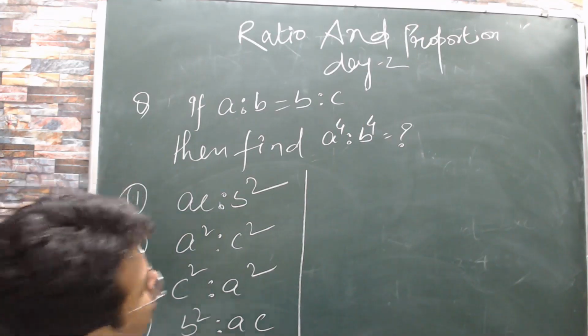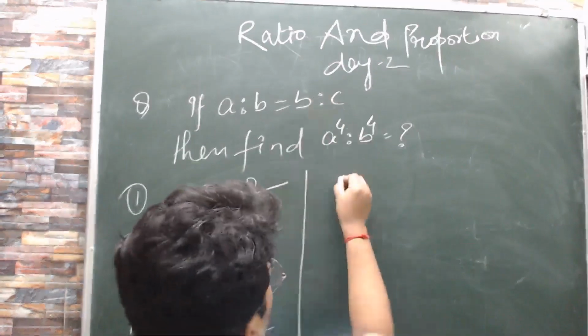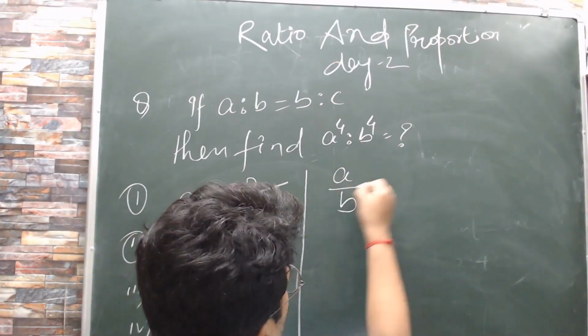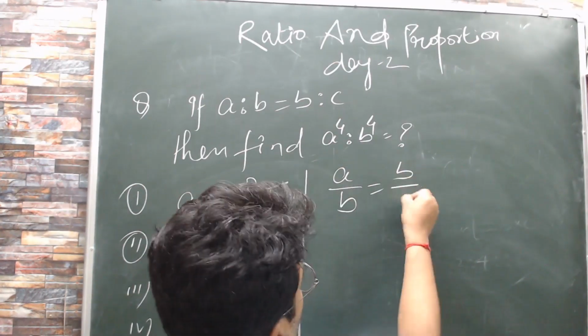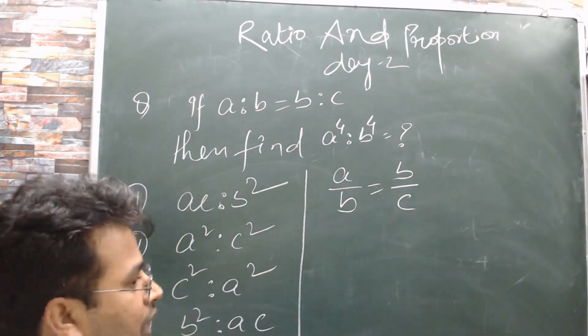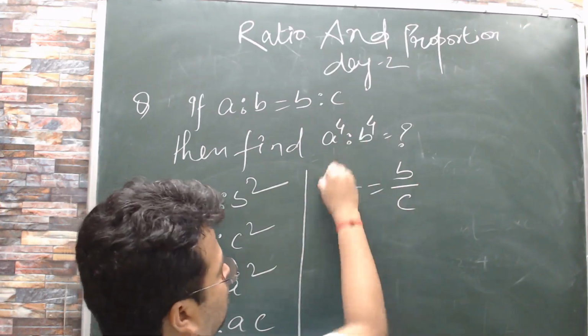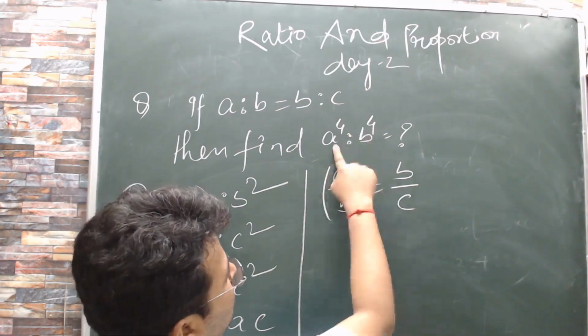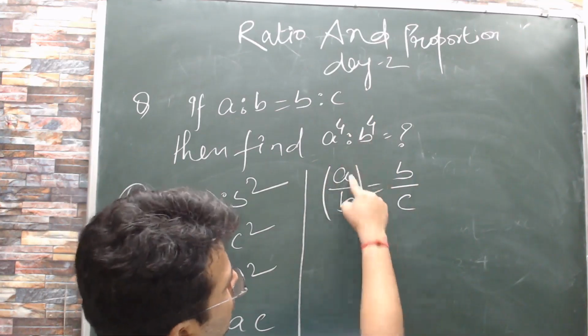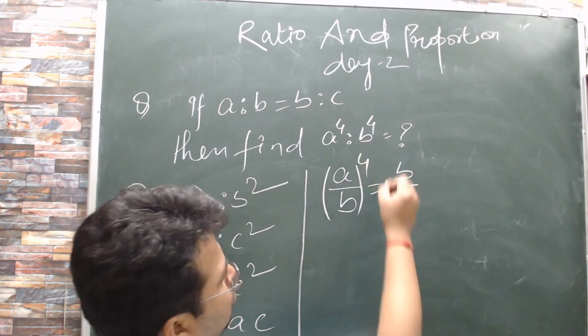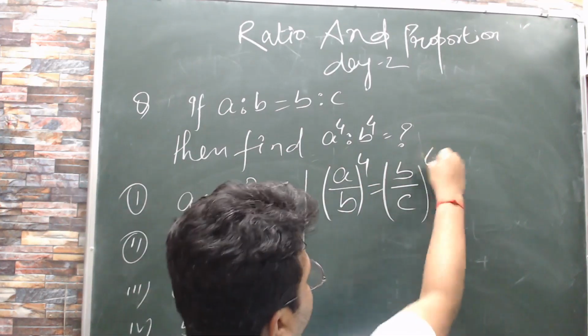Okay, see how you will do this. We have been given A upon B is equal to B upon C, right? And we need to find A raised to the power 4 and B raised to the power 4. So A and B are here, so make the power 4. Here you also need to make the power 4.